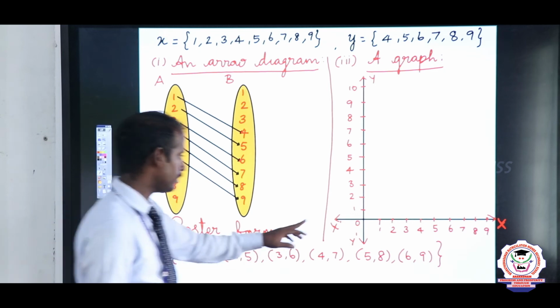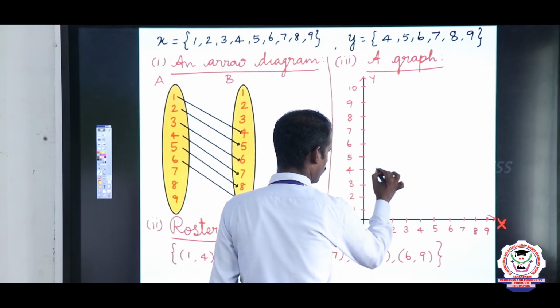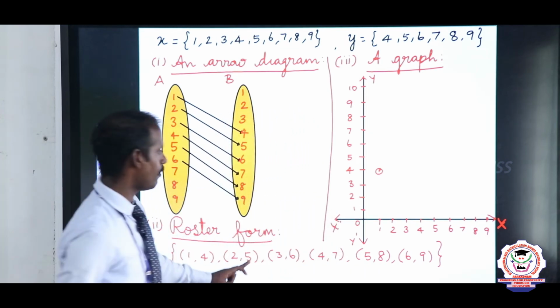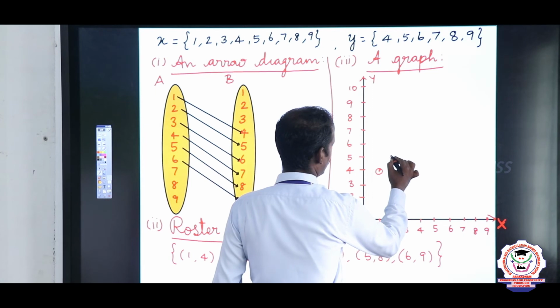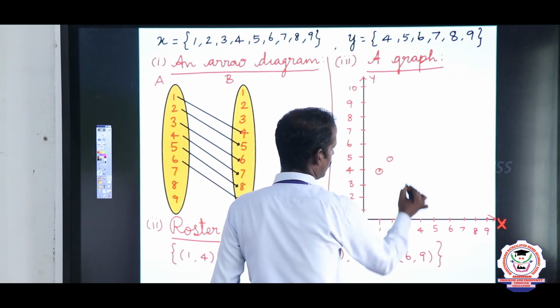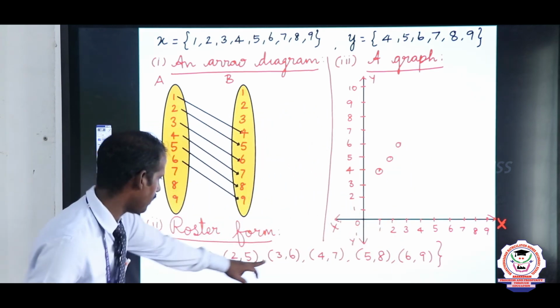Here x value 1, 4, first point. So next 2, 5. Next 3, 6. So here 3, 6, third point.